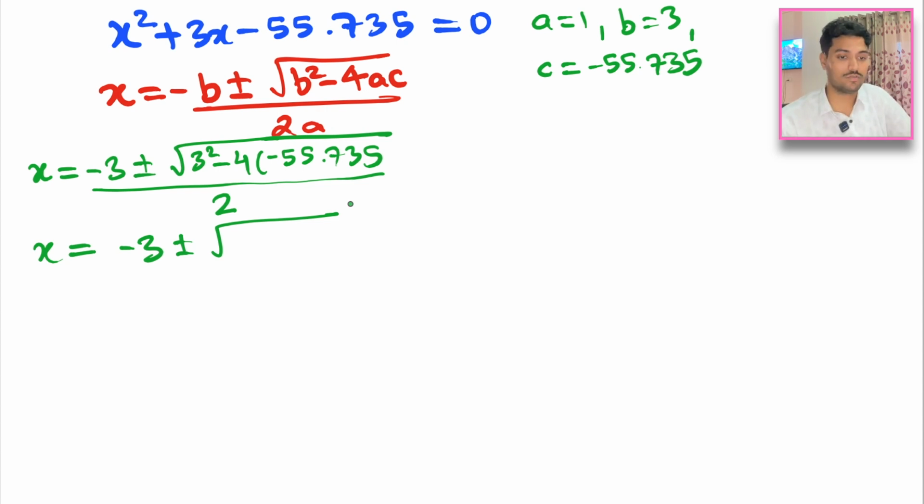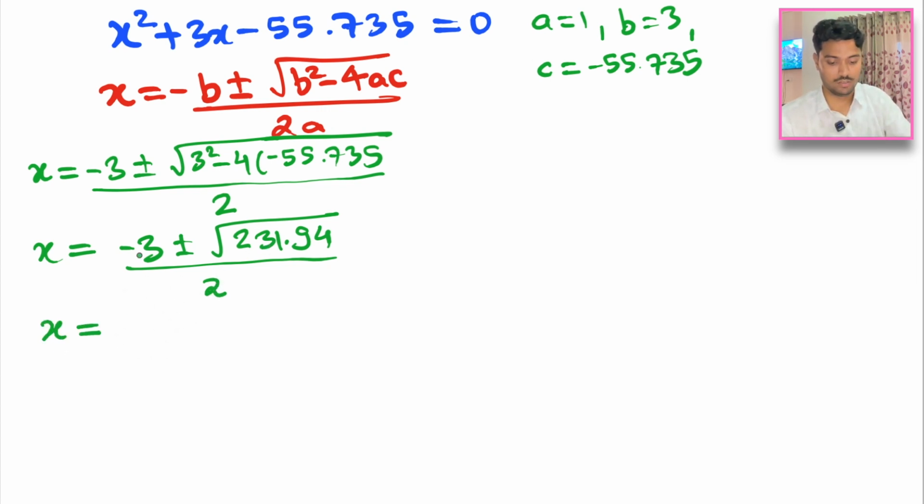So we have root 231.94 divided by 2. There will be two solutions. Let's take the positive one: negative 3 plus under root of 231.94, divided by 2, and the answer x1 is 6.11.